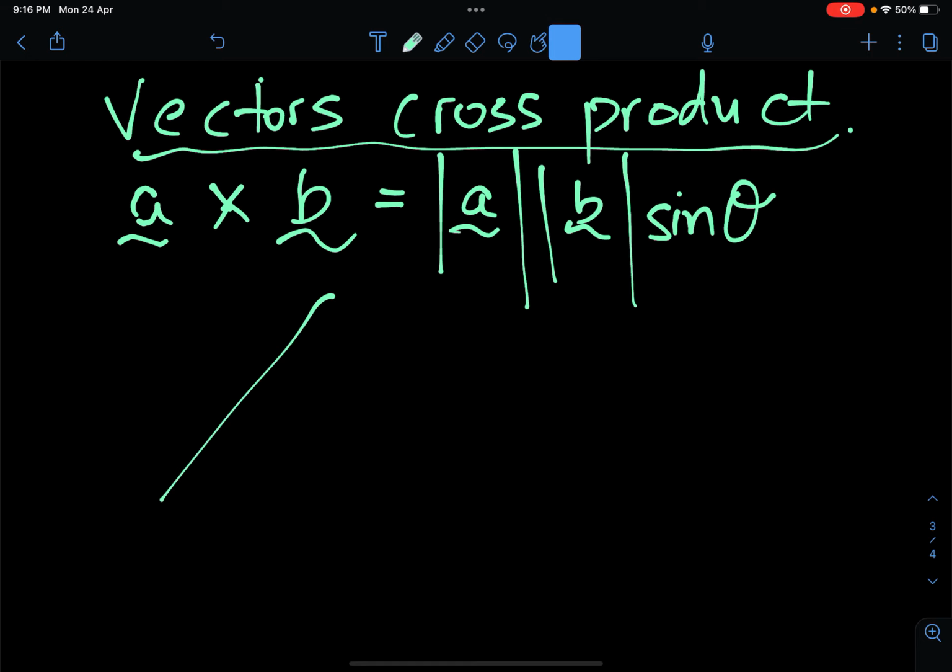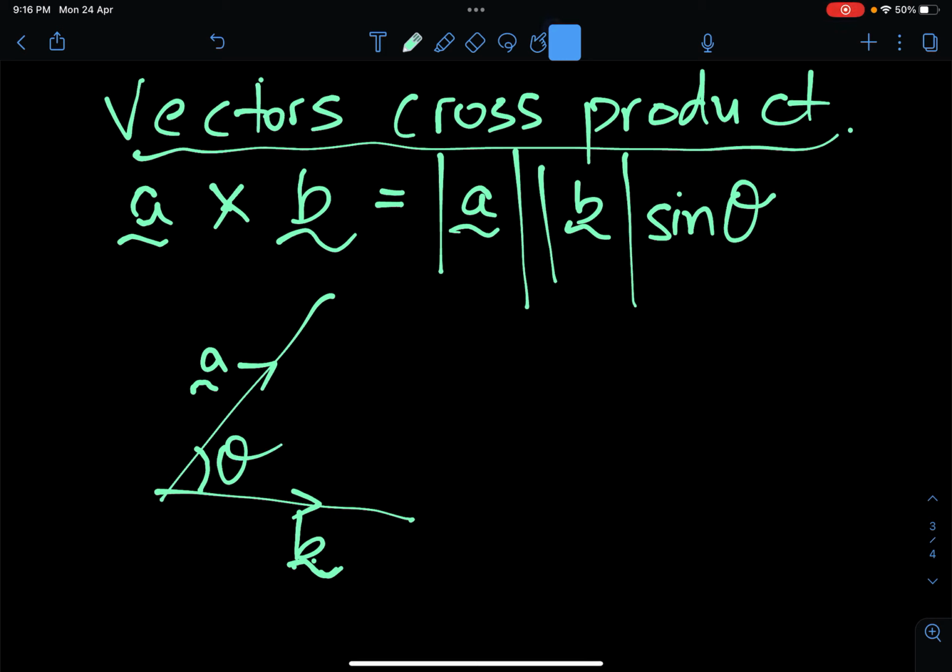Okay, so we have vector A, vector B. The angle between the two vectors is theta. And then this is the n cap.